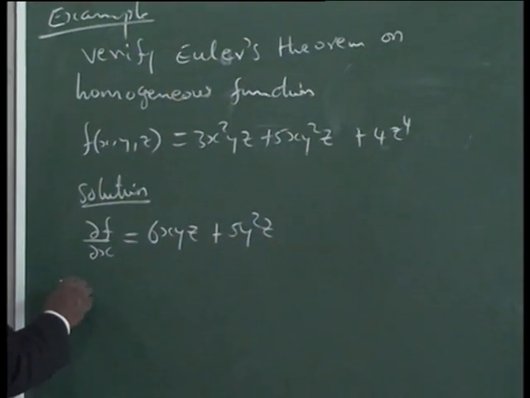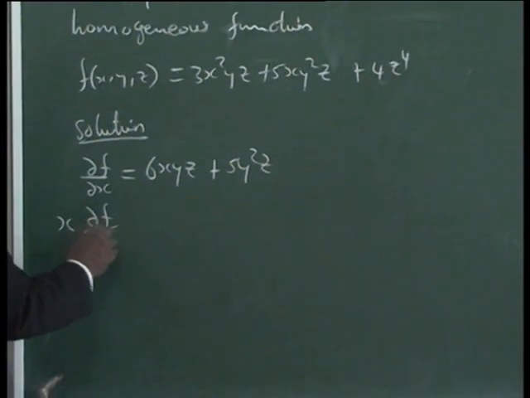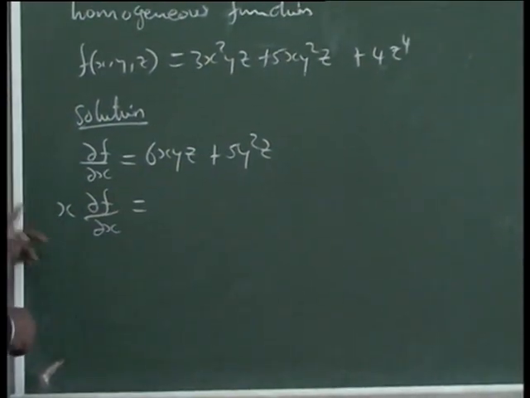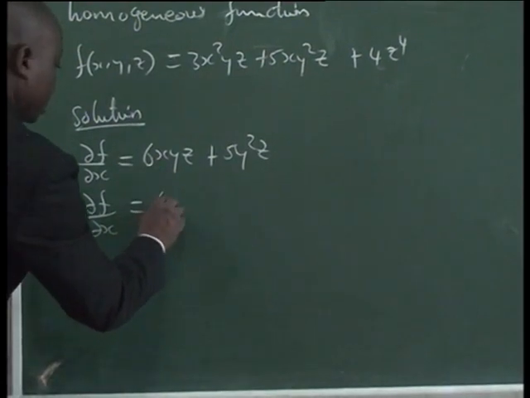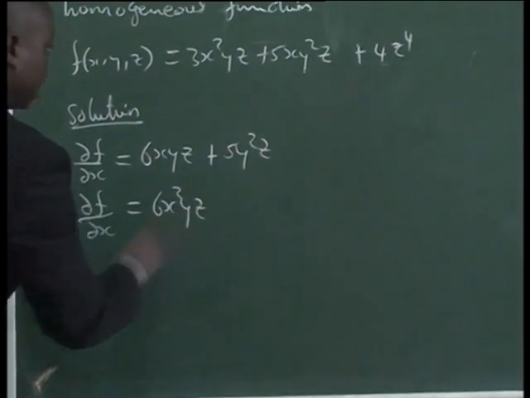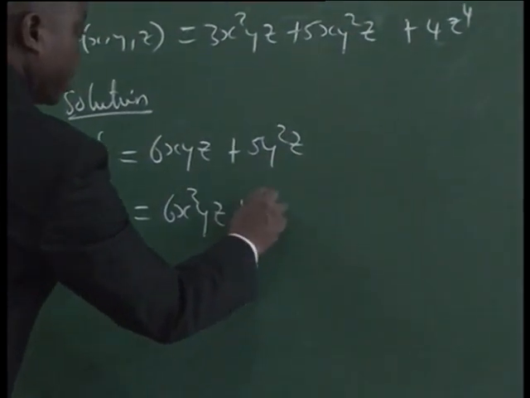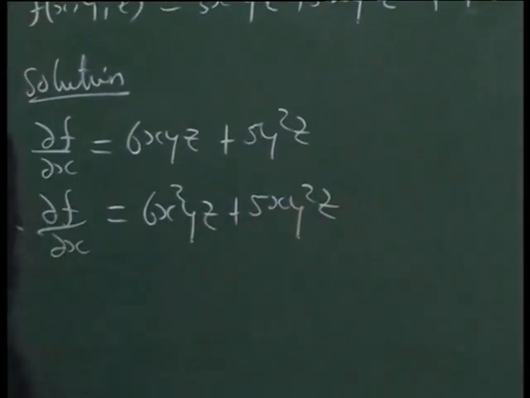Okay, now x times partial f partial x, we use this sometimes here. We'll have 6x squared yz plus 5xy squared z.